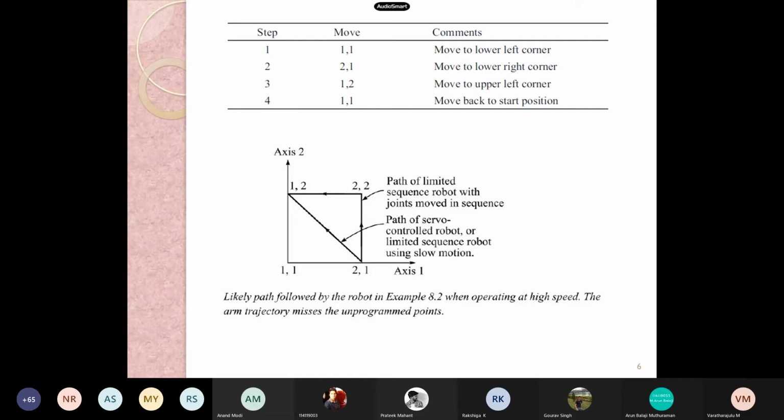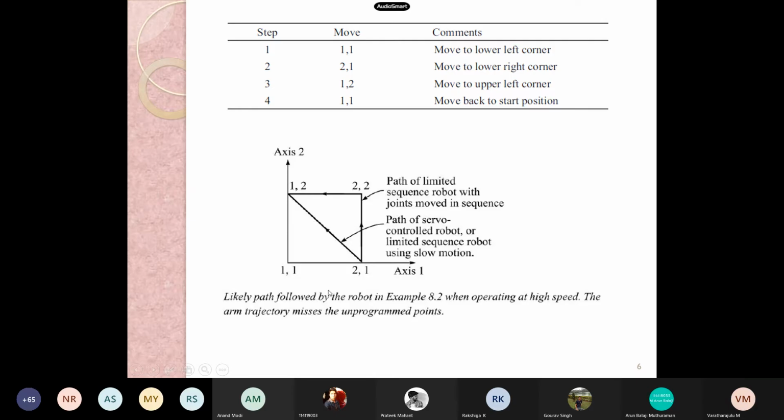One possibility is that both axes will move at the same time, and the robot will therefore trace a path along the diagonal line between these two points, that is 2 1 and 1 2. The other possibility is that the robot will move only one axis at a time and trace out a path along the border of the rectangle, either through the point 2 2 or through point 1 1.